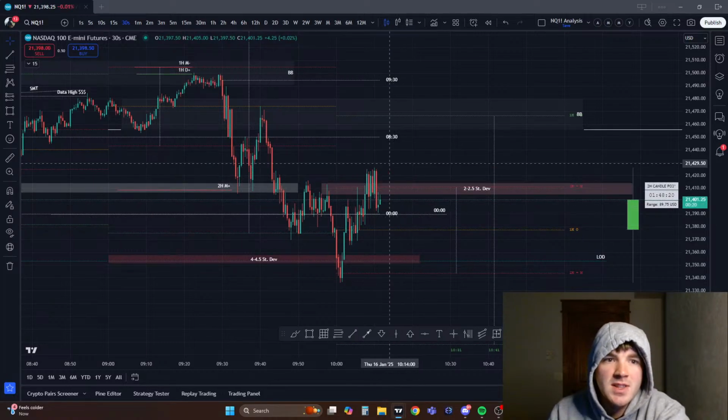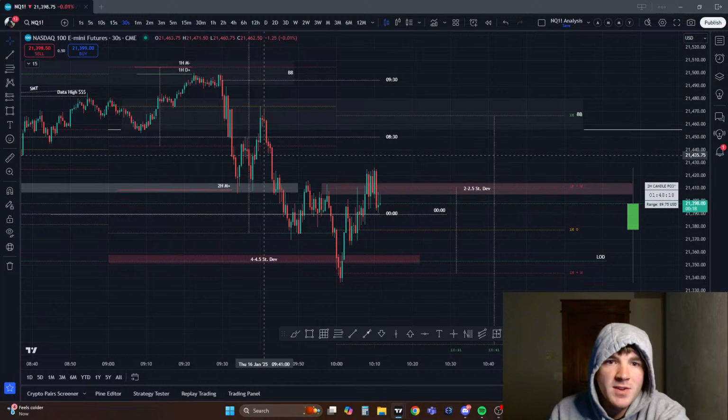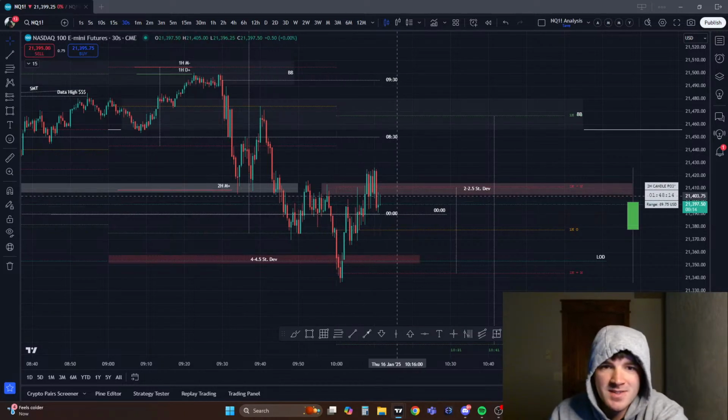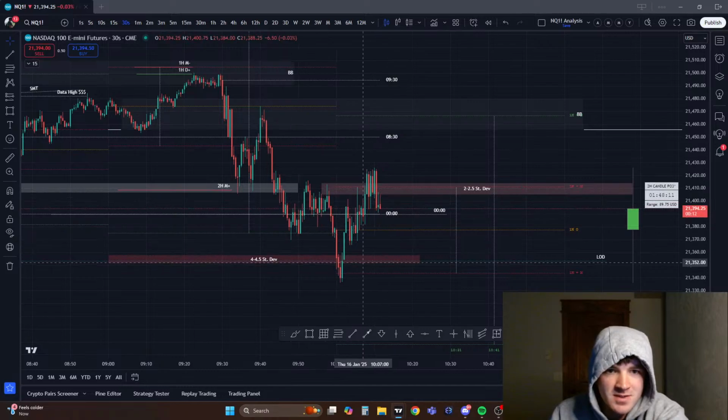I do kind of think that it would make sense if we swept the high again. That would be a really high conviction trade, honestly.